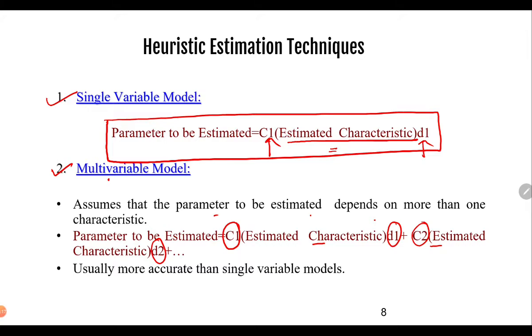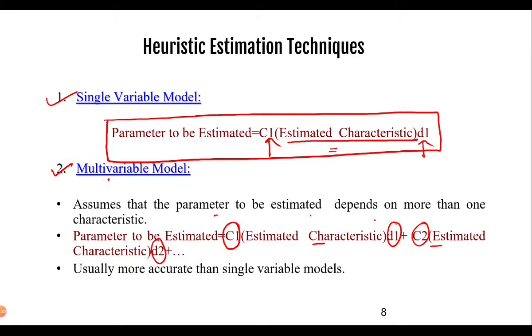Now, generally this multivariable model is more accurate than a single variable model because a parameter does not depend on just one characteristic. The parameters have several characteristics associated with them.